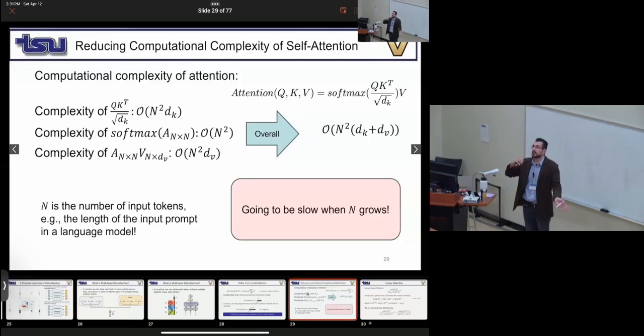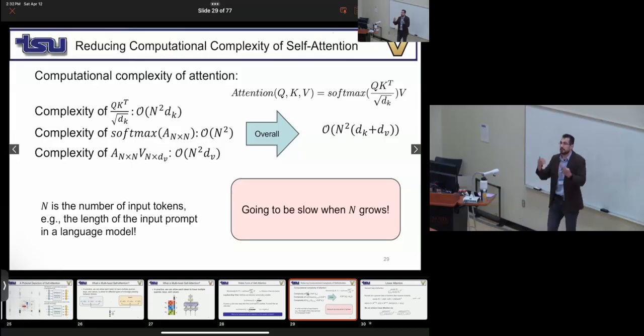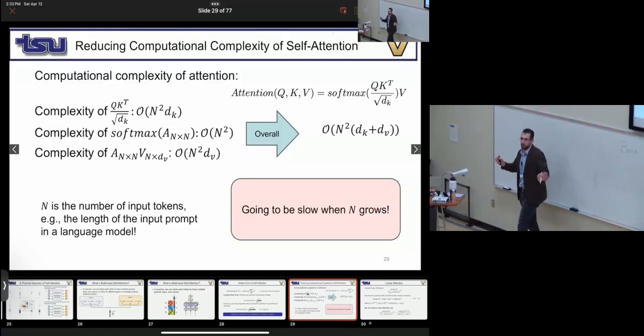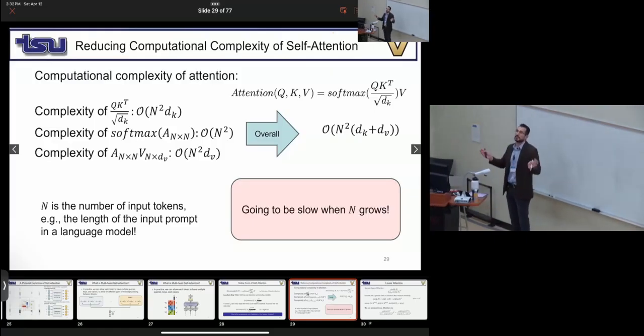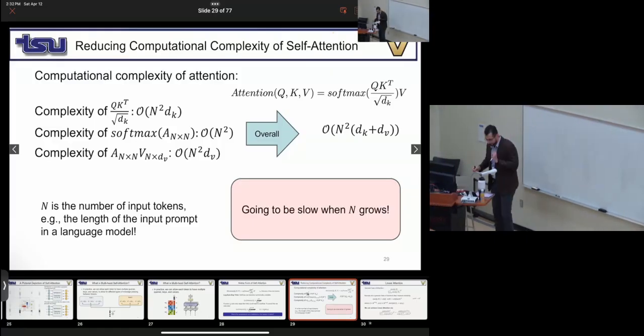It is n squared as a function of n, but I also want to understand what its dependency on d is. It's going to be linear in d, quadratic in n. We will see why I kept them, because I want to turn this into something that's not quadratic in n. But yes, we should just think of it as order n squared for self-attention, when n is the number of tokens that we have.